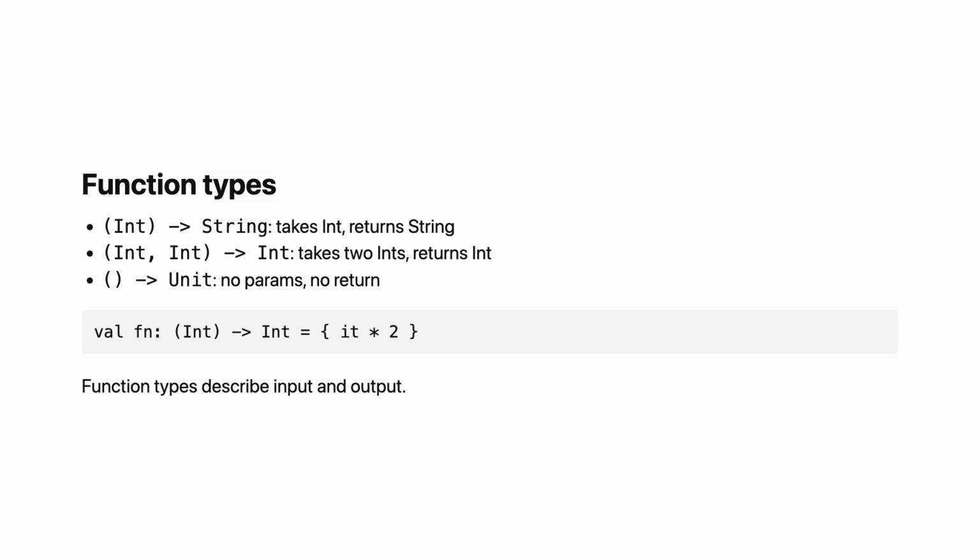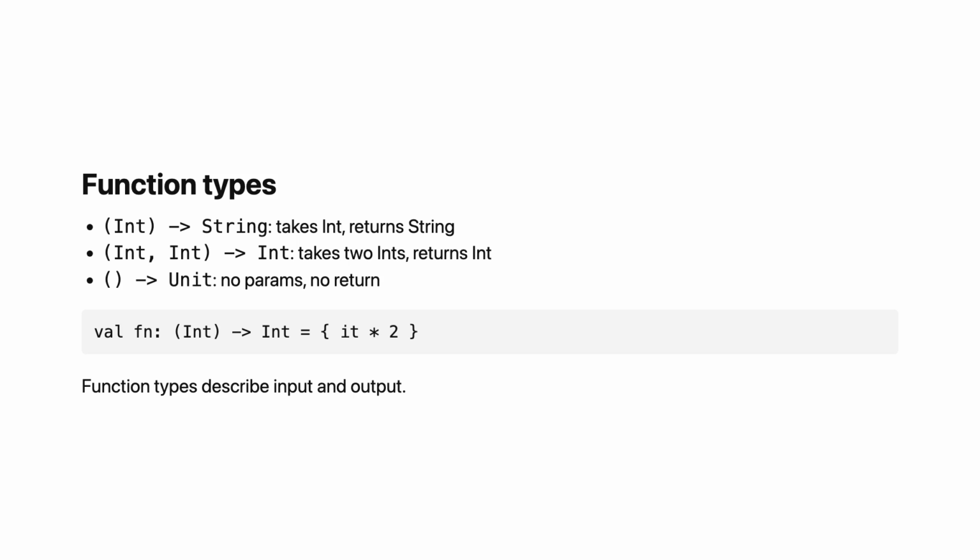You can declare variables with function types: val double: (Int) -> Int = { it * 2 }. The type tells you what the function expects and what it produces. Just like other types tell you about values, function types make functions first-class citizens. They can go anywhere a type goes.